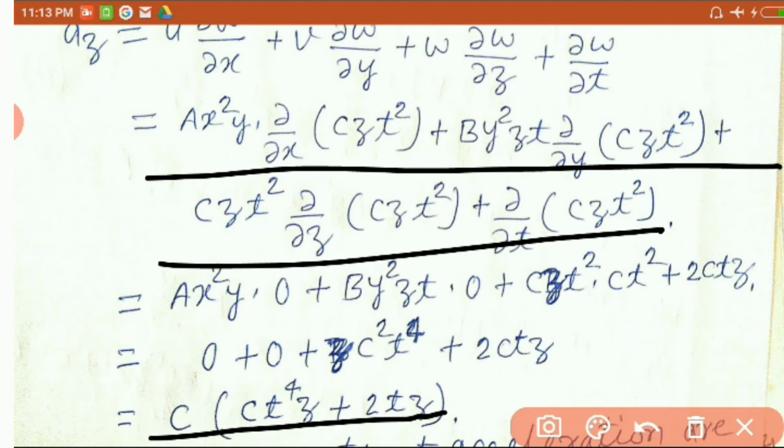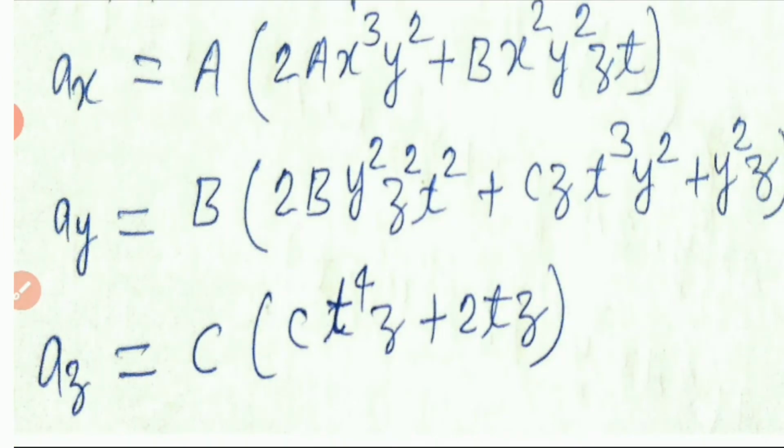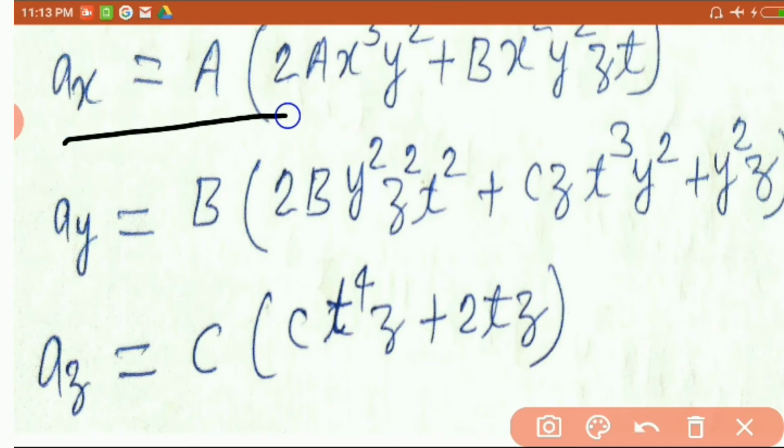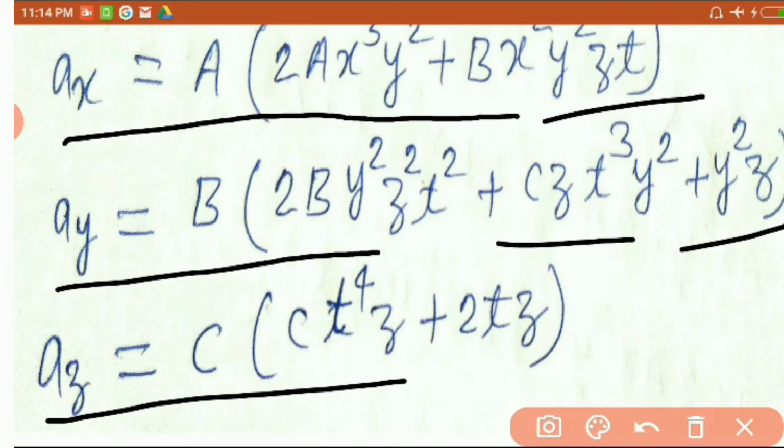So therefore, what are the components a_x, a_y and a_z? We get all components: a_x is equal to a into 2ax cube y square plus b x square y square z t, a_y is b into 2b y square z square t plus c z t cube y square plus y square z, and a_z is equal to c in bracket c t to the power 4 z plus 2tz.